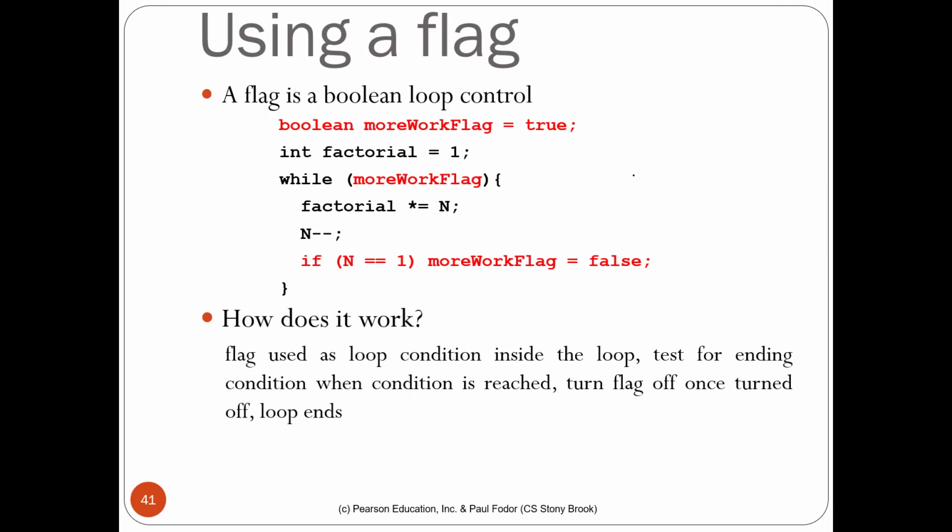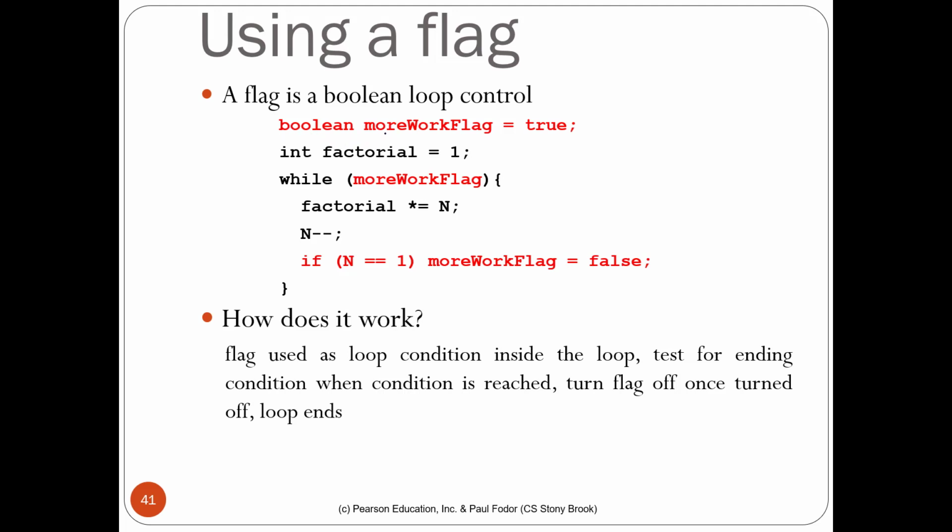Sometimes it all depends on how you are writing your loop. Sometimes people prefer using a flag. So we are writing the same program, the factorial program, but here we are using a flag. So what's the purpose of a flag? A flag is a boolean thing.